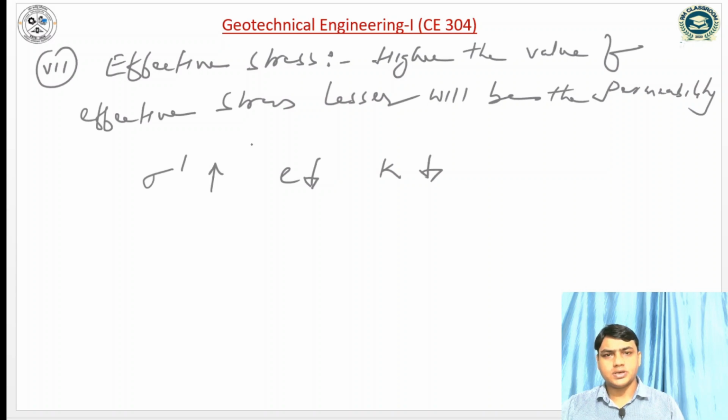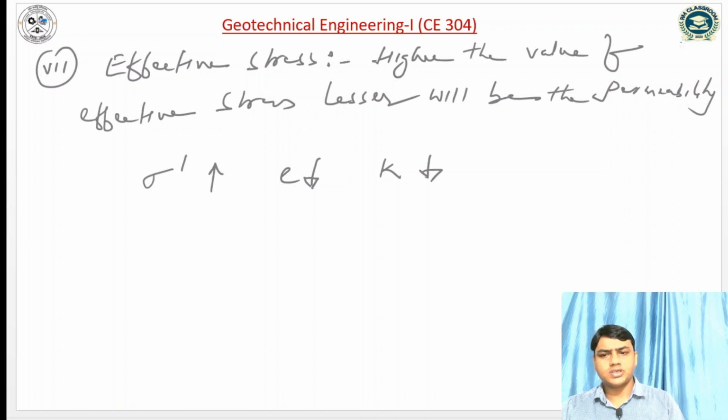Fourth is soil structure: flocculated structure has greater permeability as compared to dispersed structure. Then the degree of saturation: fully saturated soil has greater permeability as compared to partially saturated soil. And the last one is effective stress: the higher the effective stress, the lesser the permeability of the soil.